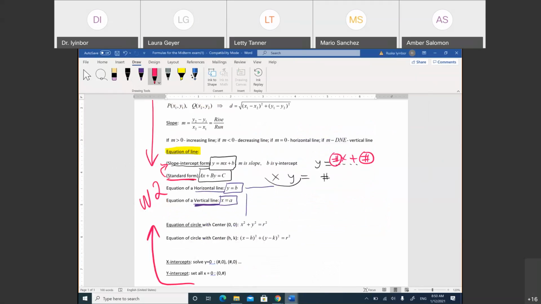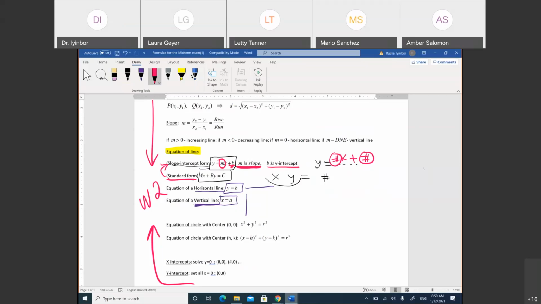So here, if you look at the formula sheet, the number in front of x is called the slope, and the number by itself is the y-intercept. That's what it's called. Okay, so the number in front of x is m, which is the slope, and the number by itself with no x is called the y-intercept.